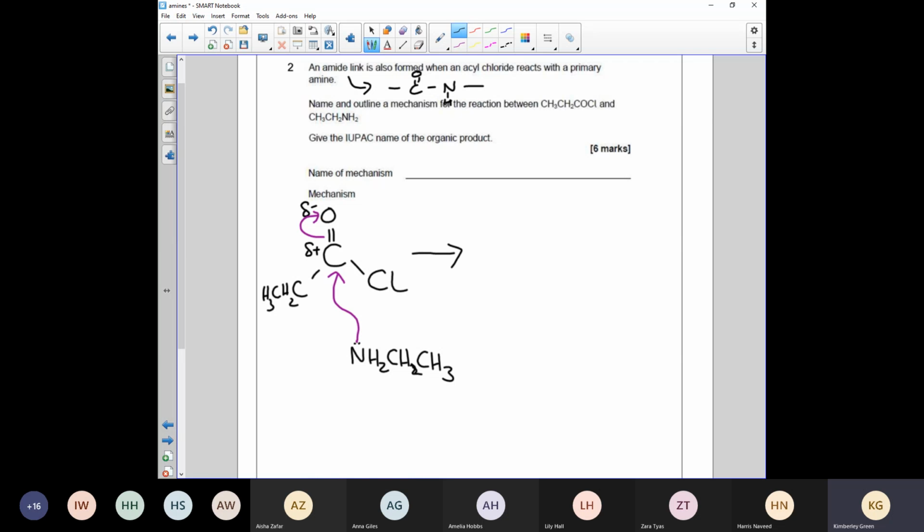So we'll have an intermediate now. We've still got our carbon in the middle. Nothing happened between carbon and chlorine. Nothing happened between carbon and that alkyl chain. Sorry, it's part of my arrow. I don't draw these far enough over.